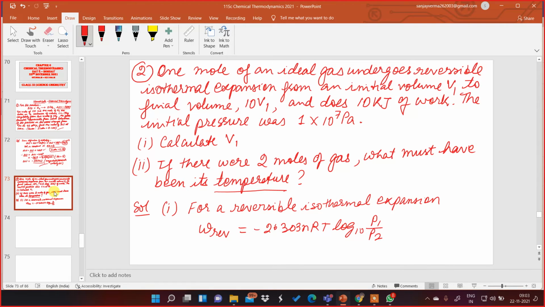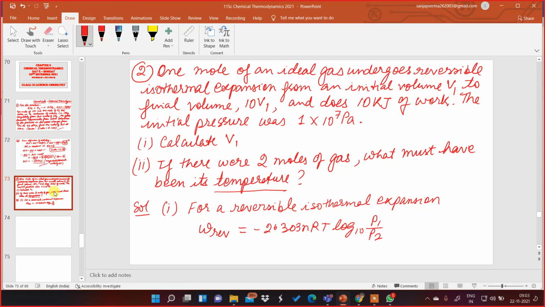Sir, how should we know if a reaction will be reversible or not? No, here it is given in the question. It will be given always, because there is work done reversibly, isothermal expansion. There is work done irreversible isothermal expansion.